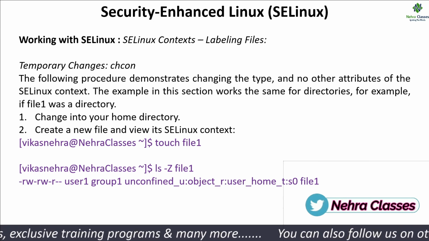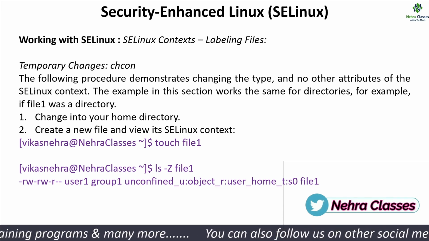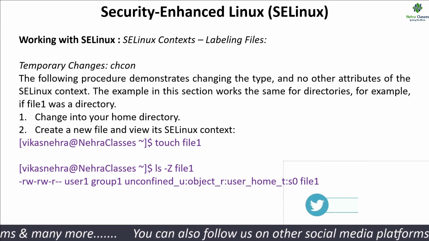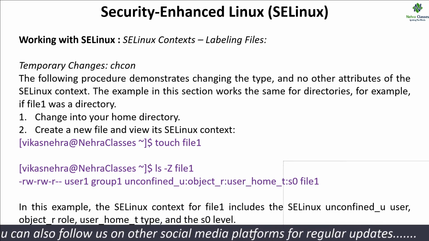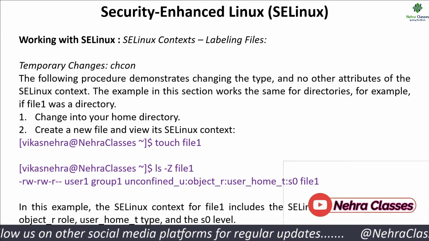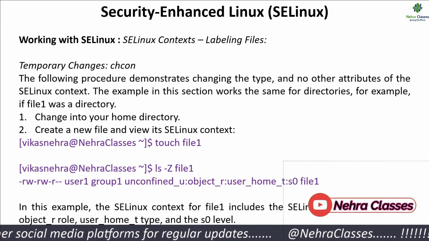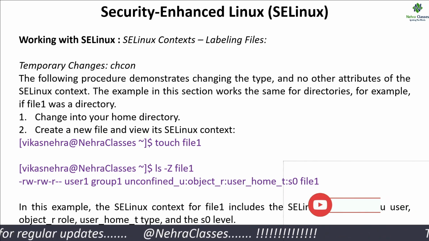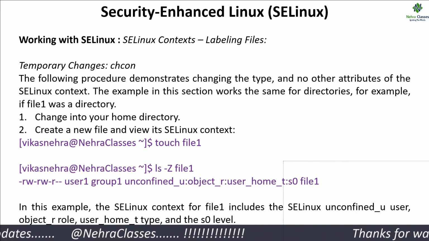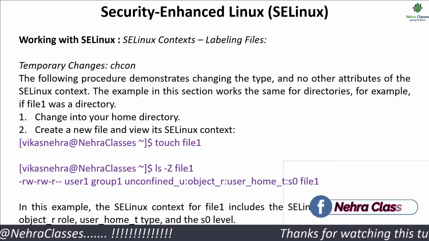Here you can see that the type is showing up as user_home_t. In this example, the SELinux context for file1 includes the SELinux unconfined_u user, object_r role, user_home_t as type, and s0 as label.